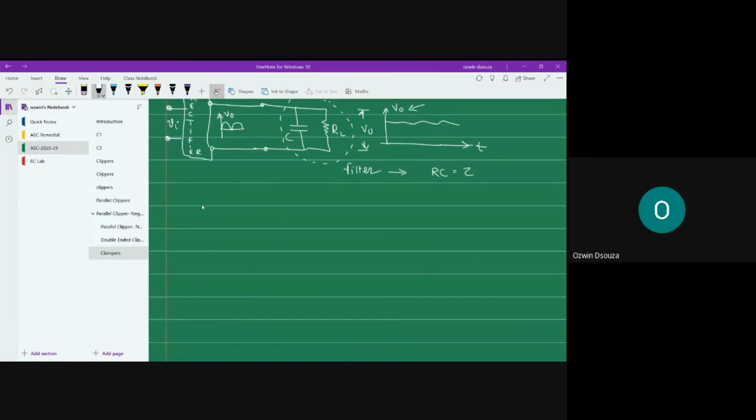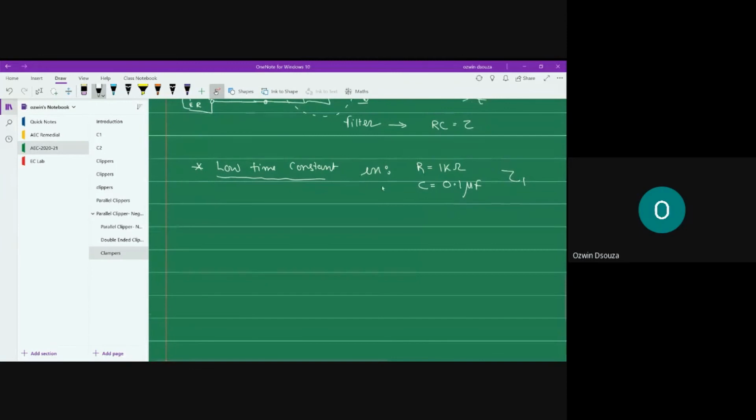Now, what implication it has on the waveform we know. Let's say you choose a low time constant. Example, let us say R is 1 kilo and let us fix the value of R, and let us say the capacitor is 0.1 microfarad. When you multiply R and C, you will get some time constant tau 1. If you choose a very low capacitor value, it gives a very low time constant tau 1.